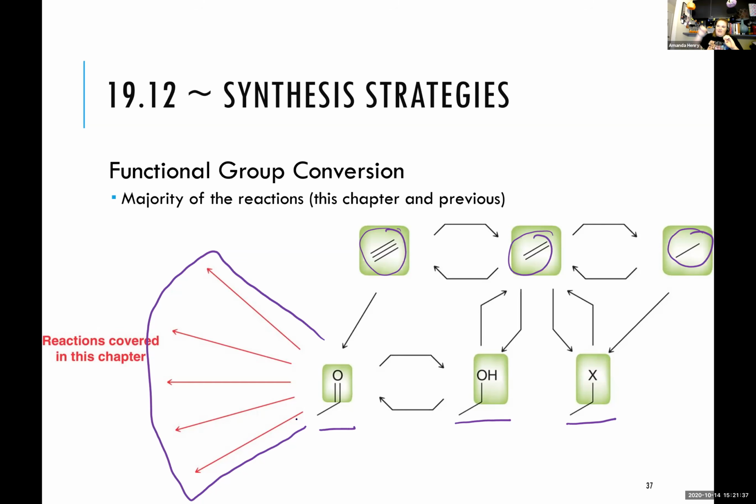How can I get to an alkene? It might end up being that you can't go directly, but you know how to go from a ketone to an alcohol, and from an alcohol to an alkene. It gives you those little pathways, and it helps you learn and remember the pathways by doing it that way.